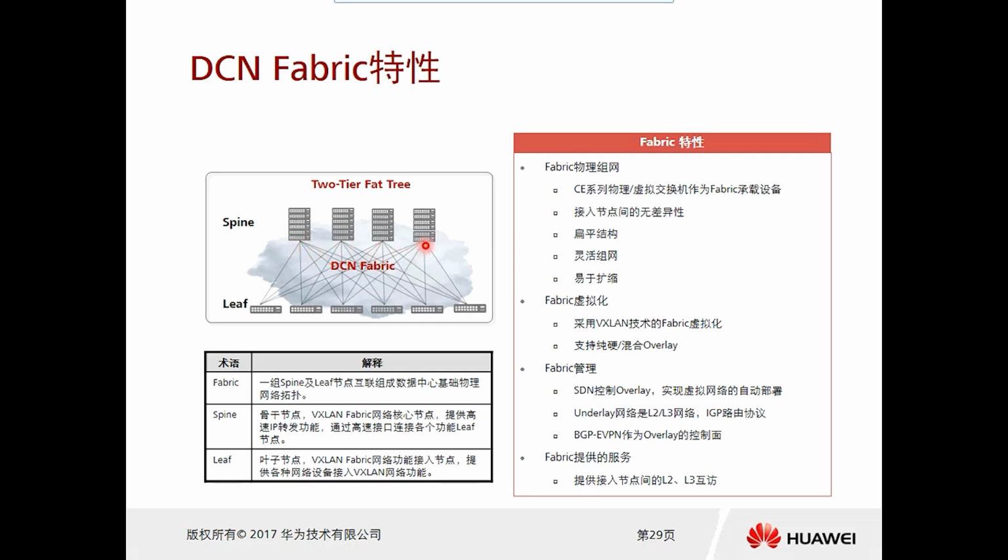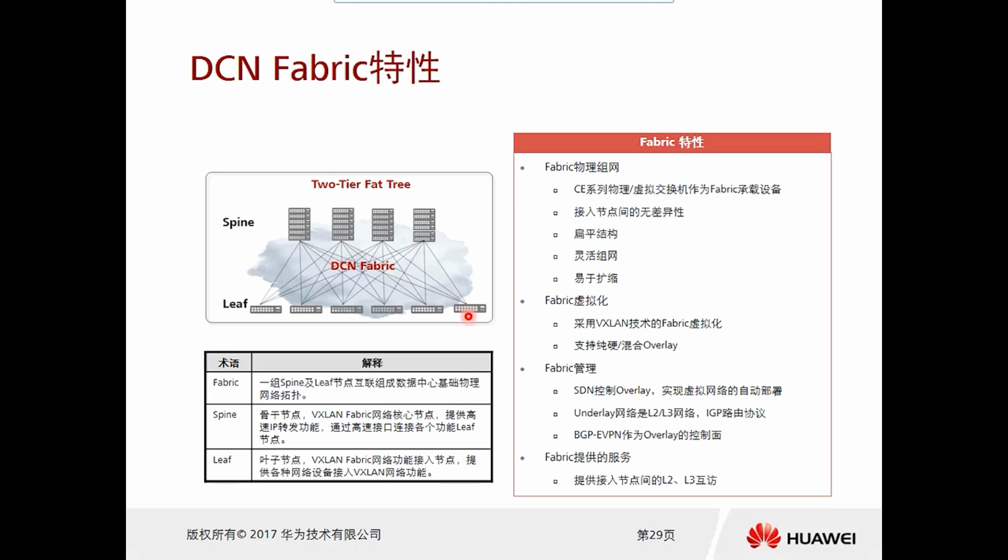This fabric is based on spine and leaf, a typical layer 2 fat tree networking. The architecture formed by it is what we call fabric. In this fabric, generally speaking, the spine is our core.